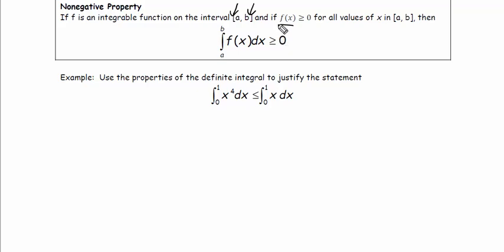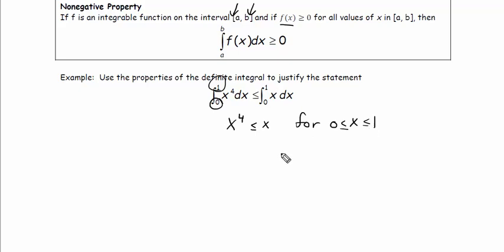Use the properties of the definite integral to justify the statement. Integral from 0 to 1 of x to the fourth dx is less than or equal to integral from 0 to 1 of x dx. So if I'm only looking from 0 to 1, then I do know that x to the fourth is less than or equal to x for x between 0 and 1.